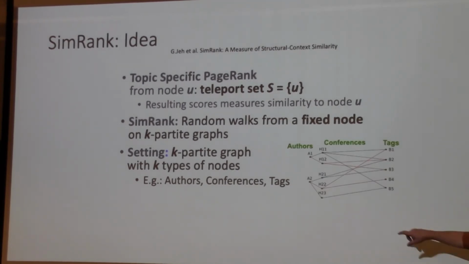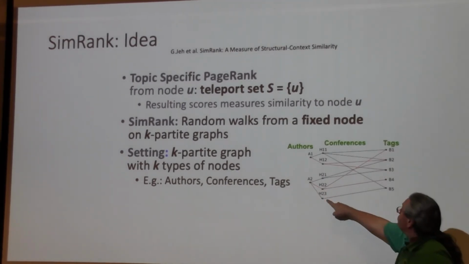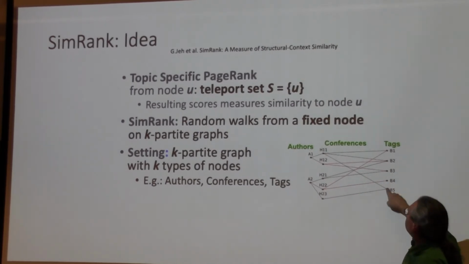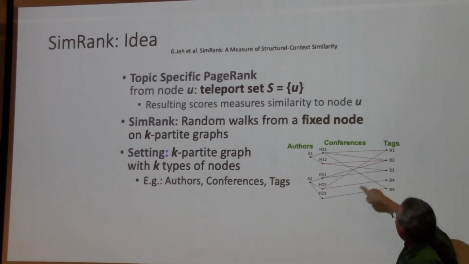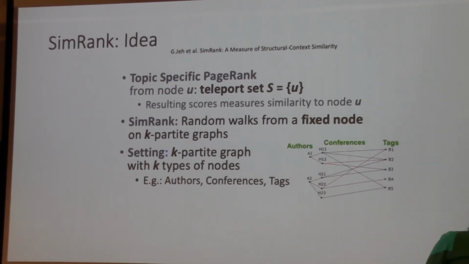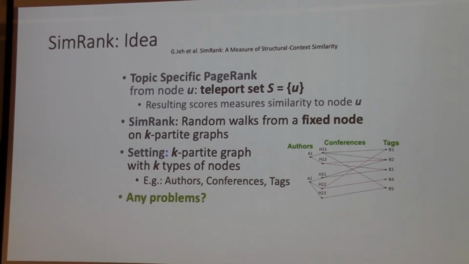You have, for example, authors, conferences, and tags, topics. And you want to know which of the authors are similar to each other, so you can do random walks to see which are similar to another one.